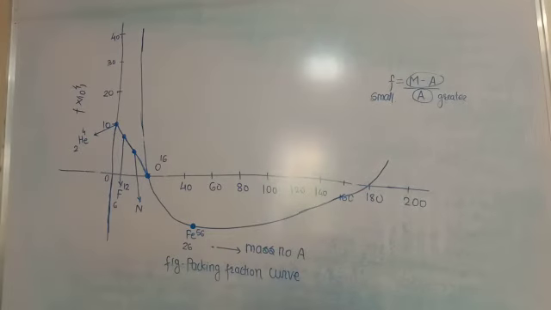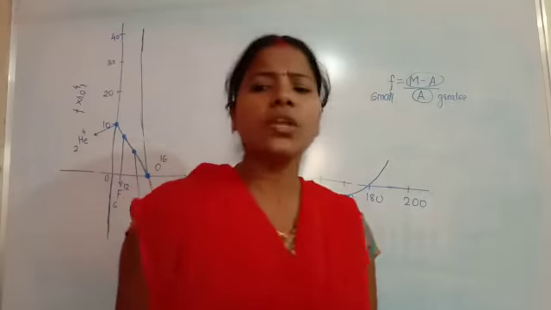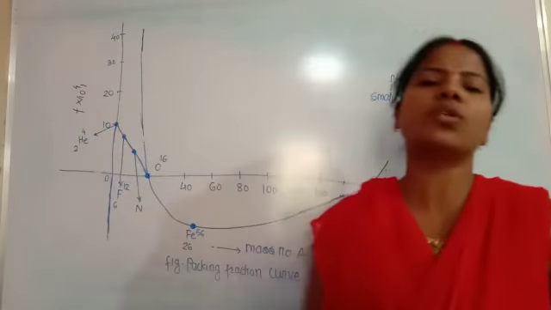All nuclei have the tendency to move from the region of higher packing fraction to lower packing fraction to attain higher stability. This is why the fusion of light nuclei and the fission of heavy nuclei happens.